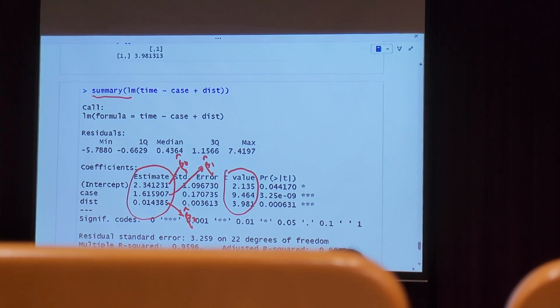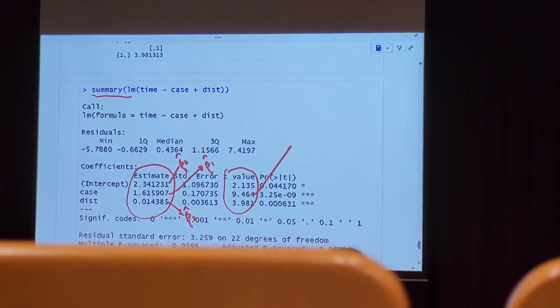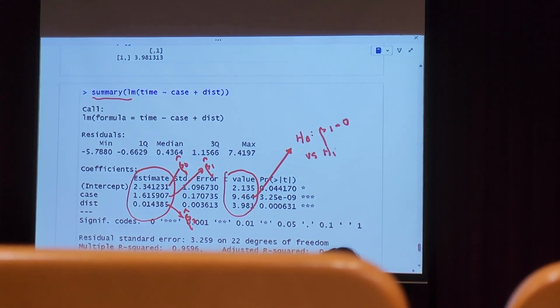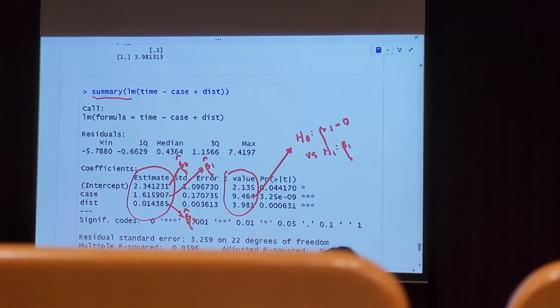And this is the t value for testing beta 1 equal to 0 versus beta 1 not equal to 0.